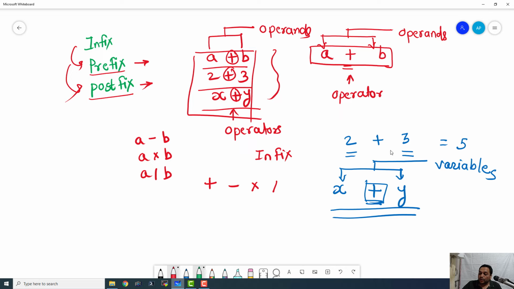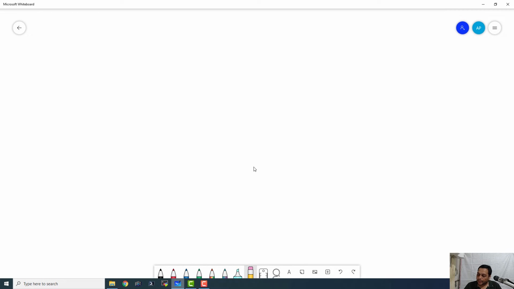Before that we need to know what prefix and postfix look like, and for that I'm going to clear the screen now. And let us see how a prefix and postfix look like. Before that we will write a sample infix expression like this, infix.